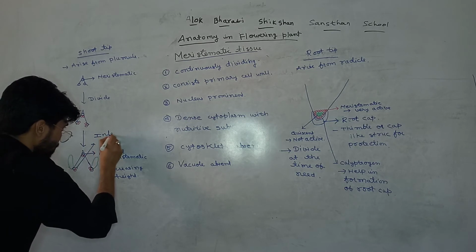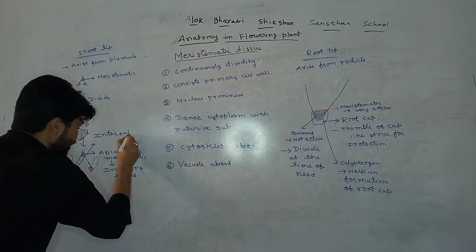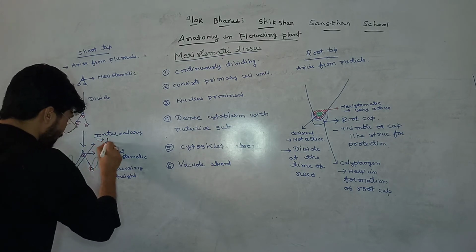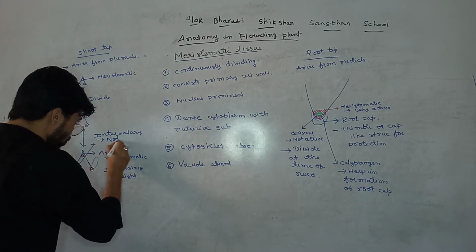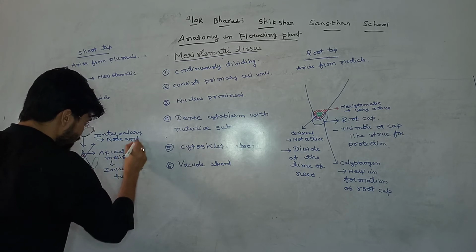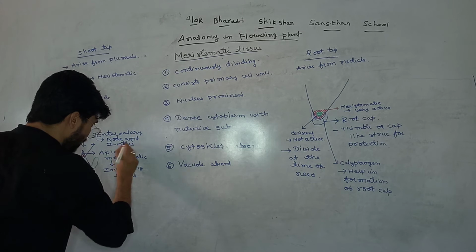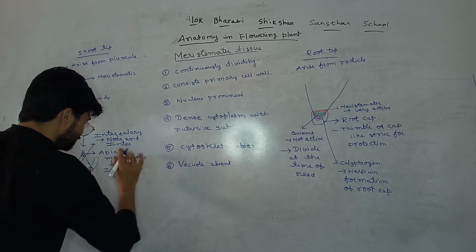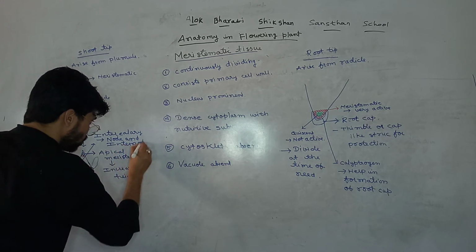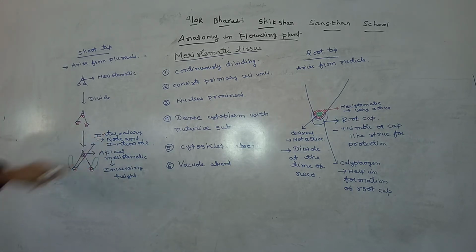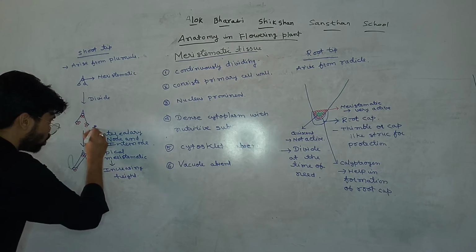And this intercalary meristematic tissue is responsible for the node as well as internode. And it is an important characteristic of dicot plant. Okay, sorry student, it is an important characteristic of the monocot.